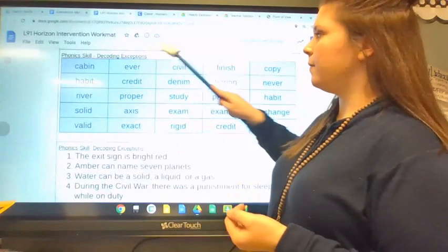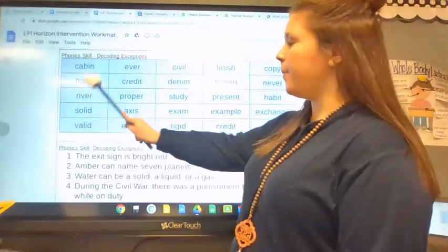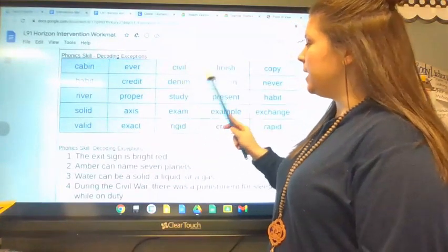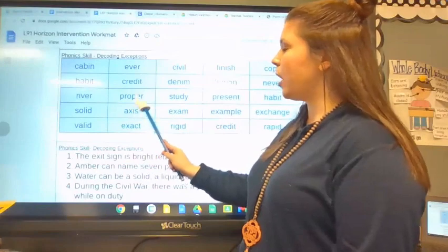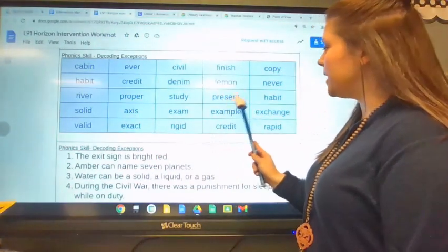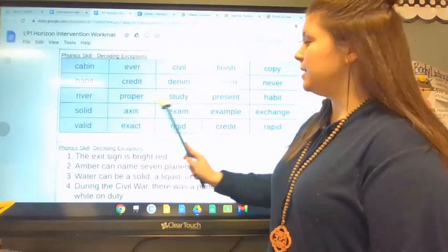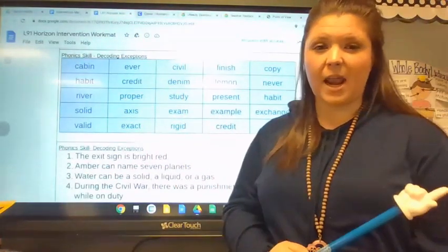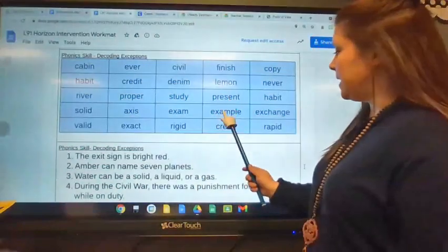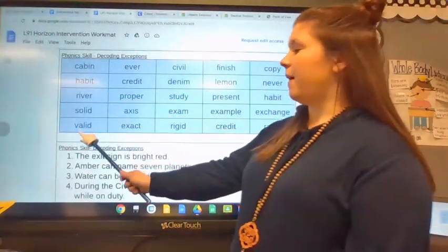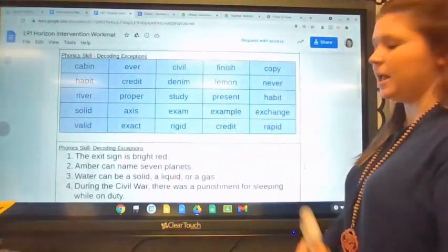Cabin, ever, civil, finish, copy, habit, credit, denim, lemon, never, river, proper, study, present, habit, solid, axis, exam. Remember, when we have that X, we have to split it behind that X. Example, exchange, valid, exact, rigid, credit, and rapid.